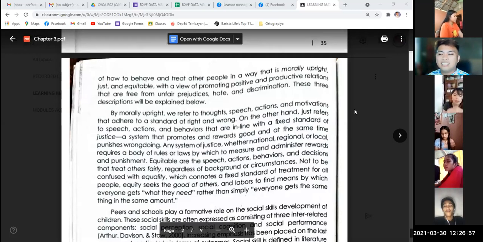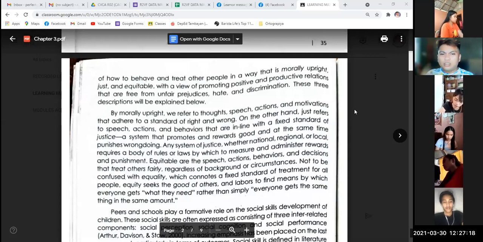When we say morally just, we are referring to a fixed standard of justice. Just. Tama. May hustisya. So, kanina sa moral left right, it depends on how we interpret things, whether it is right or wrong.